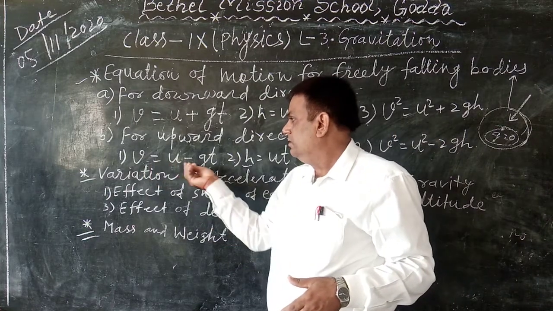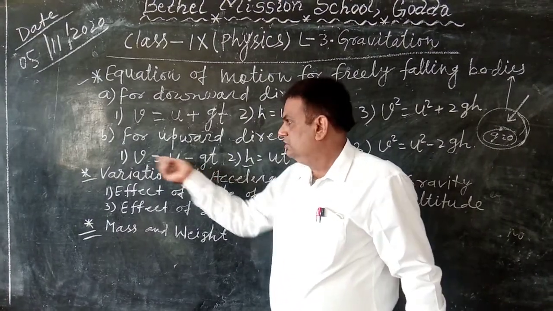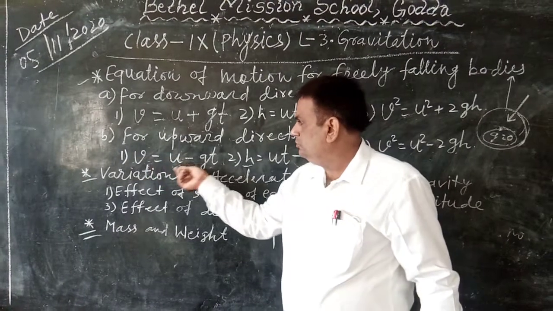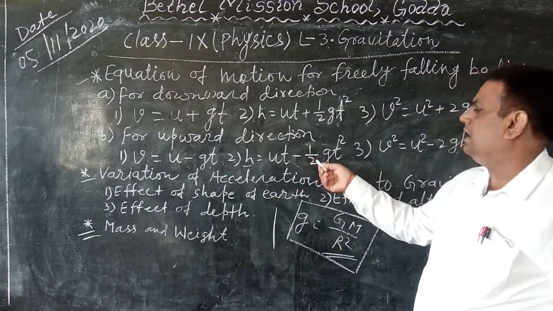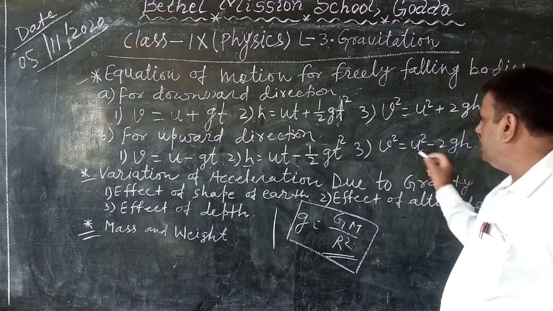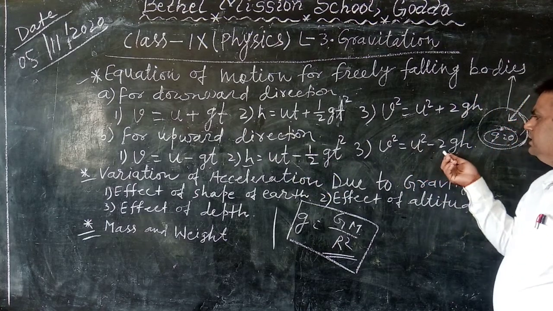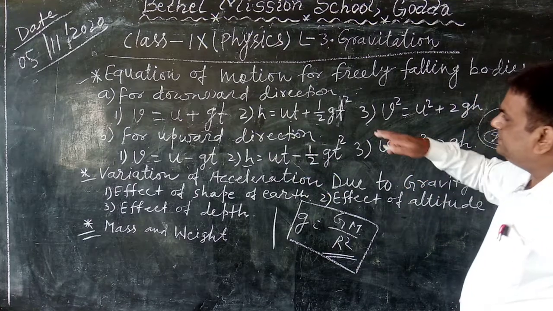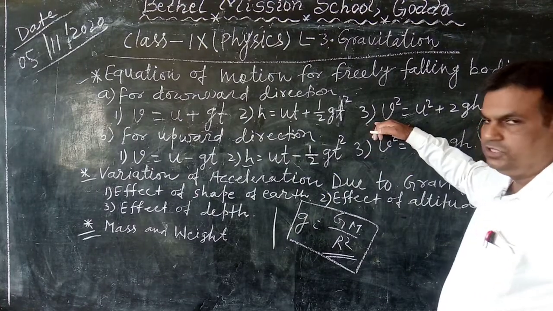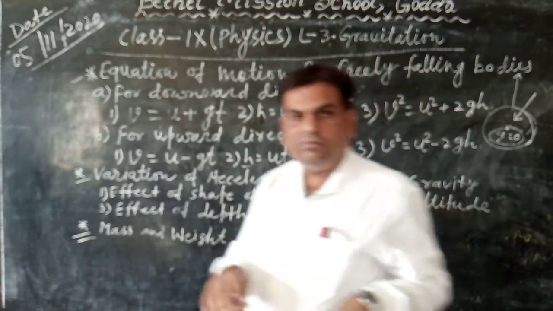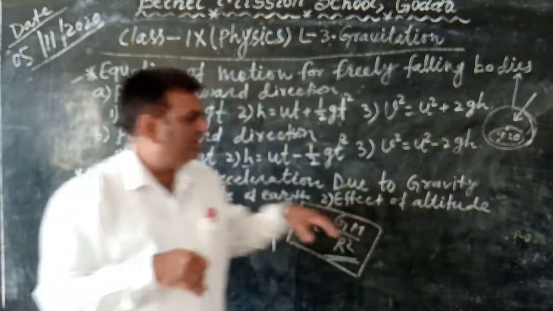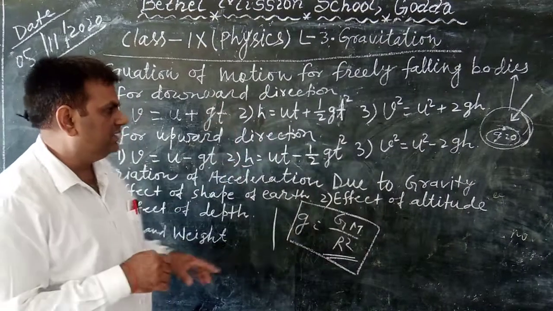That's why the value of g is negative. So first is v equal to u minus gt, h equal to ut minus half gt square, and v square equal to u square minus 2gh. So this is the equation of motion for freely falling bodies, which fall downward, and when the object goes in upward direction.